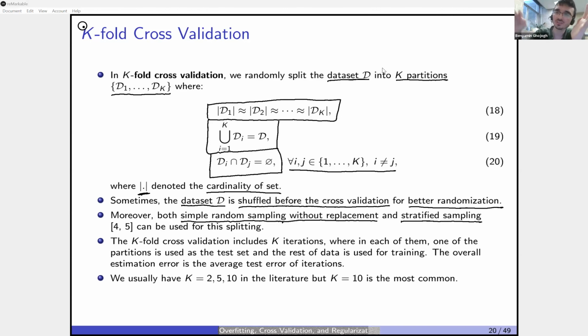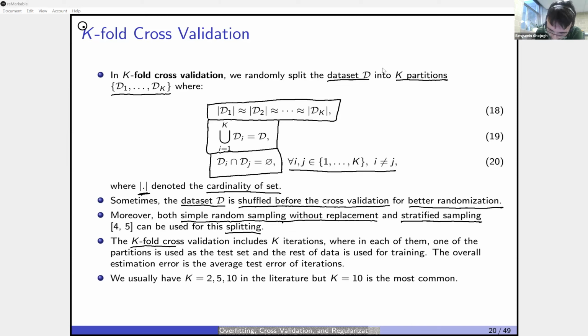In this way, you will have fair sampling from the clusters of data. This is called stratified sampling. For more information, you can take a look at my tutorial named Sampling Algorithms from Survey Sampling to Monte Carlo Methods, Tutorial and Literature Review. This is its title, okay? You can use it for splitting or simple random sampling.